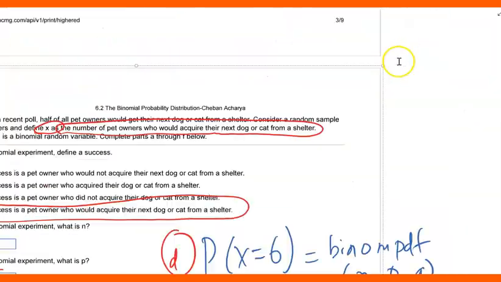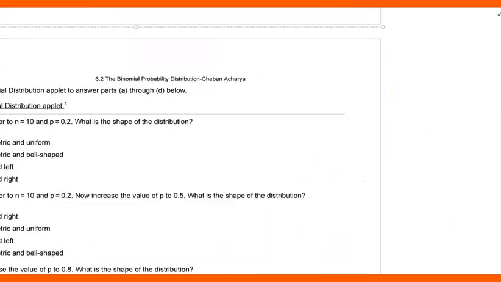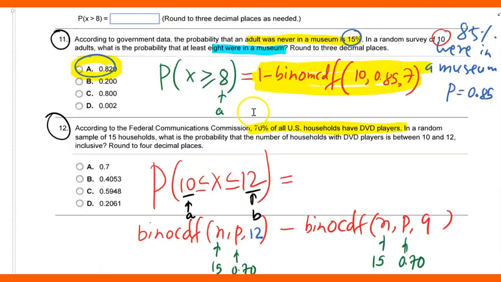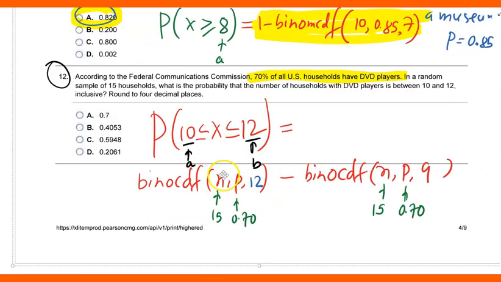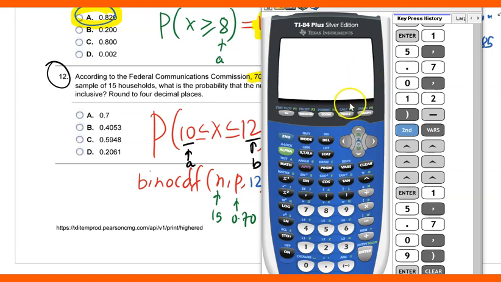Therefore, in this problem, if your calculator has this type of window, this is the number of trials, this is the p value, this is the x value. Here, number of trials, p value, and this 9 is the x value. That's it. Let me type this whole thing in the calculator once. You don't have to do it step by step, just do it once.